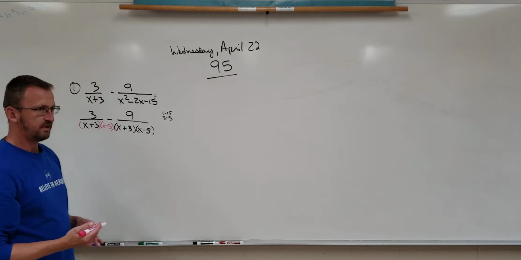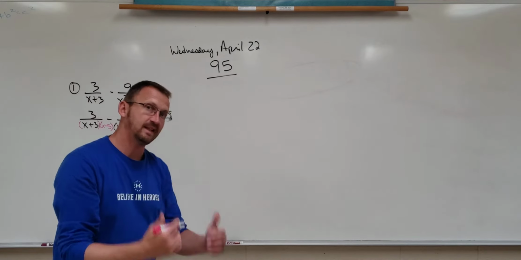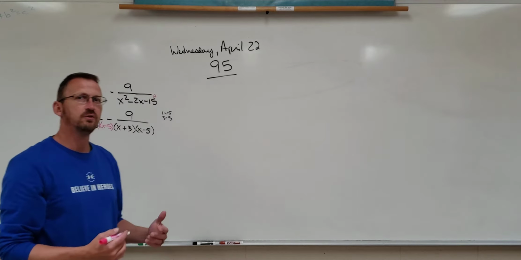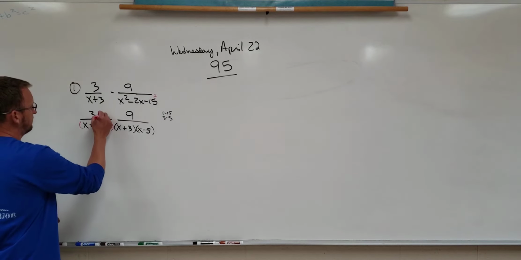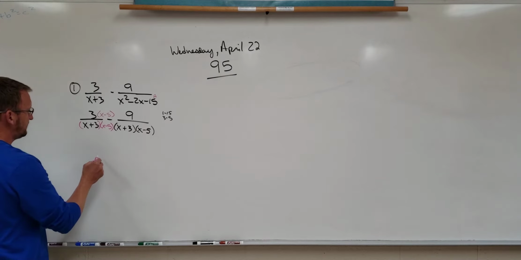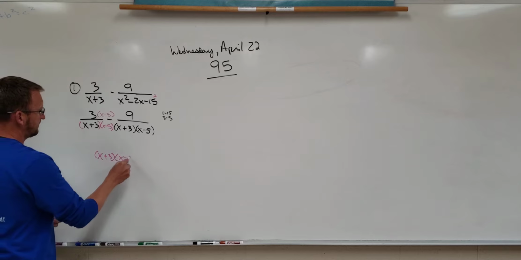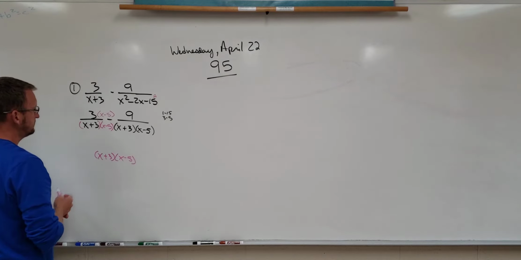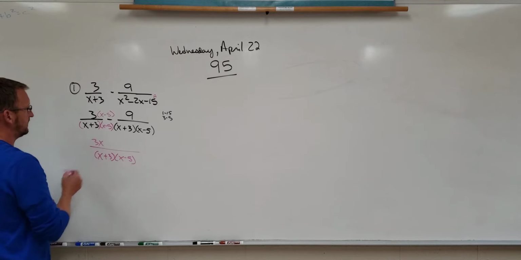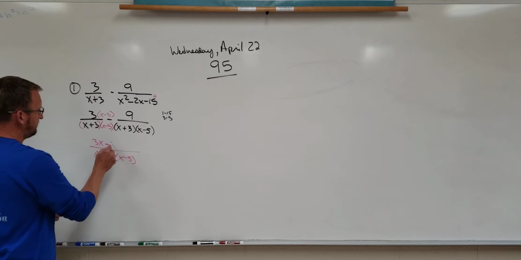Also, going back to fractions, whenever we multiply the denominator times, we also have to multiply the numerator times. So my common denominator is x plus 3, x minus 5. Multiply here. 3 times x, 3x. 3 times negative 5 is negative 15.